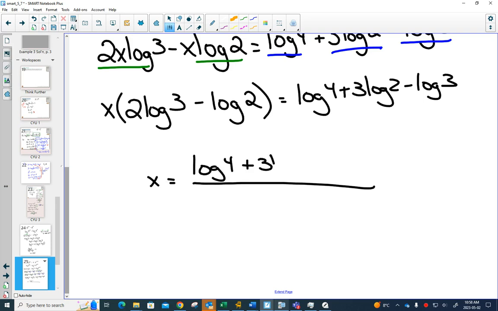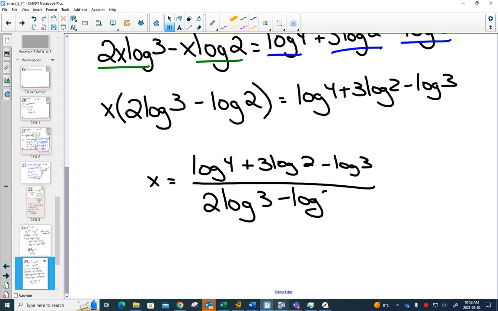We can divide. And as a result, we can check to see what this is as a decimal.